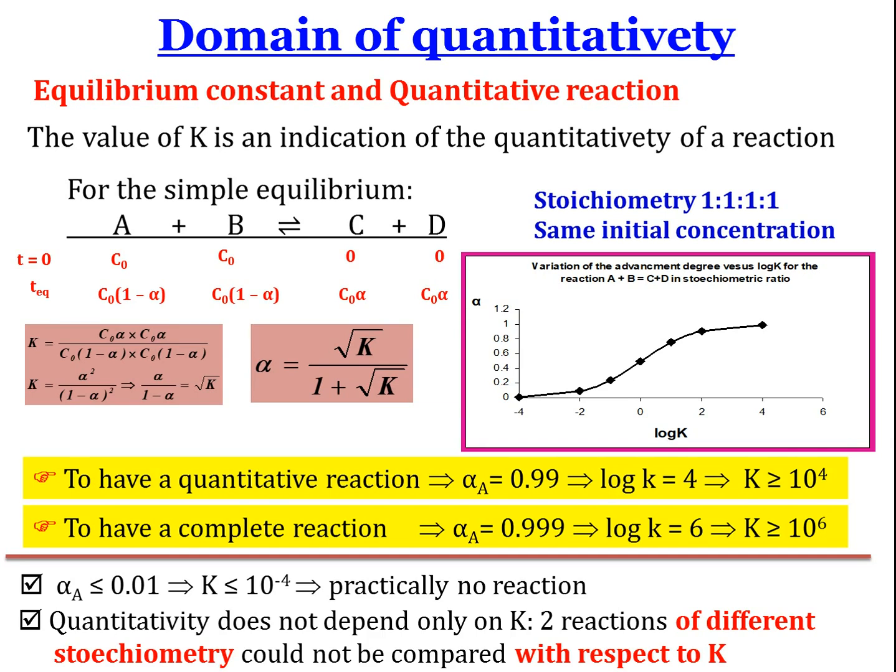The indication of K of a reaction is advanced or not advanced. What would happen when you have two possible reactions in the same reaction system? Which reaction begins first? Do these two reactions start at the same time? We will answer this question in the next slide.